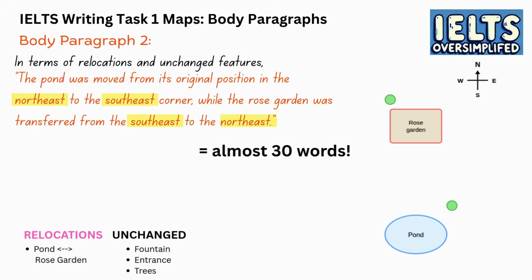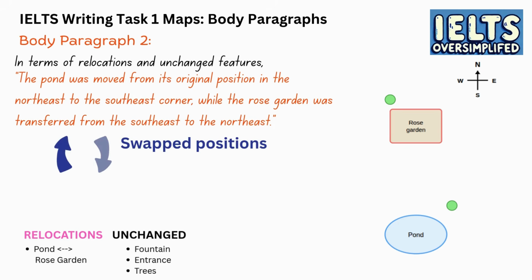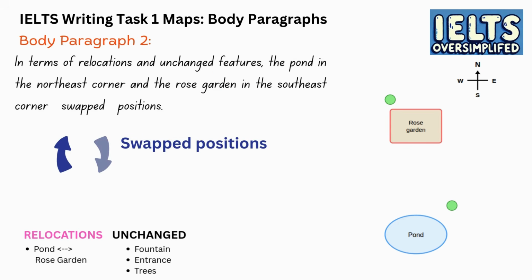There's a much better way to say this. When 2 things trade places, you can simply say, they swapped positions. Listen to how much clearer this is. The pond in the northeast corner and the rose garden in the southeast corner swapped positions. This is only 16 words, and it's immediately clear what happened.